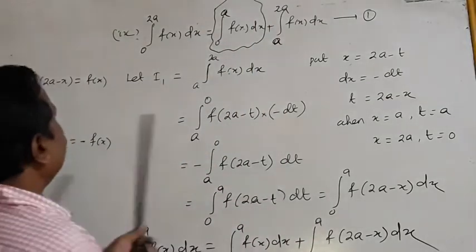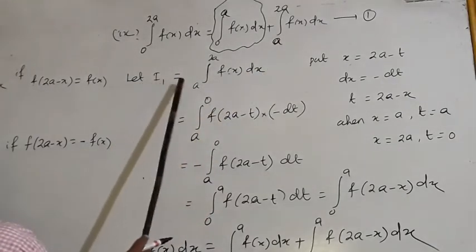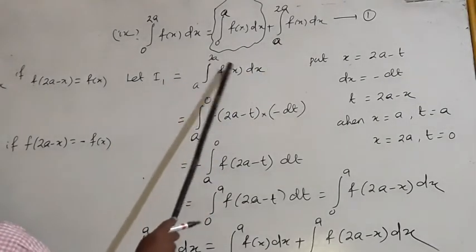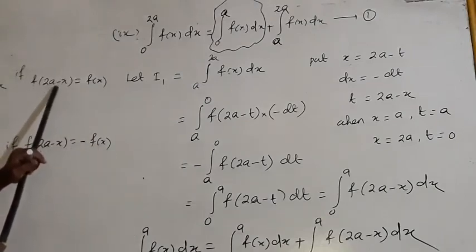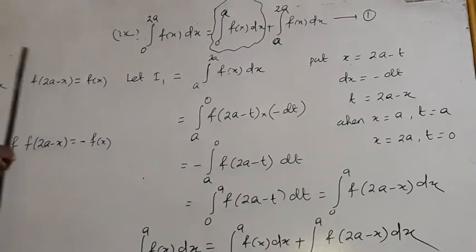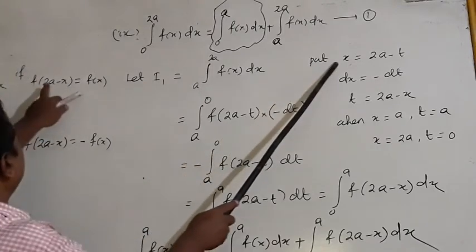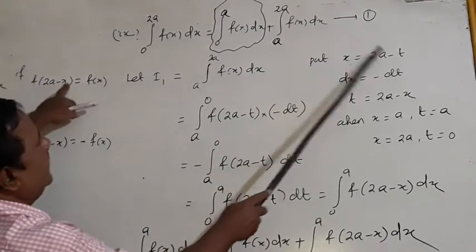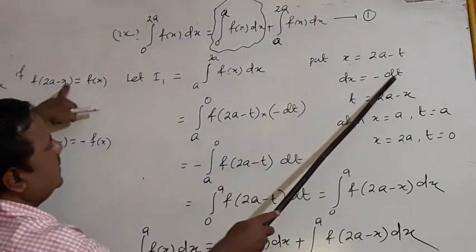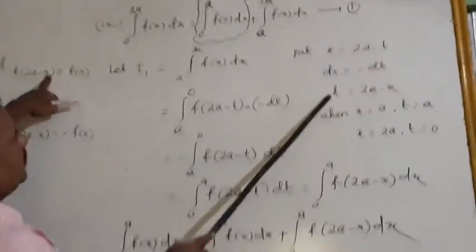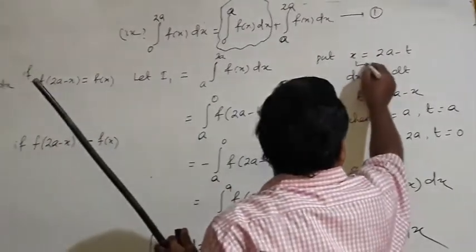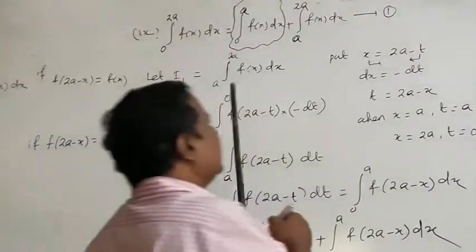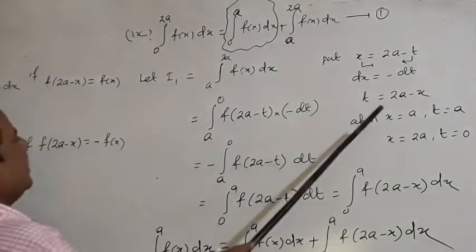Now this part I am taking as I1, the integral from a to 2a of f(x) dx. For this, what will you put? If you look at this, you can observe what you have to put. Put x is equal to 2a minus t. Then dx is equal to minus dt. Then t is equal to 2a minus x.